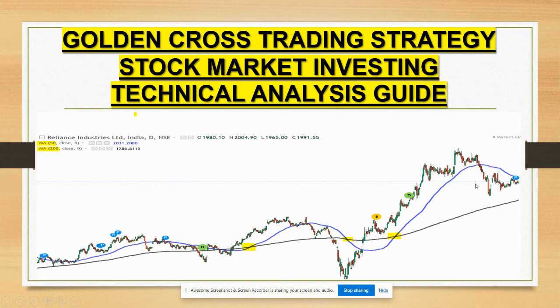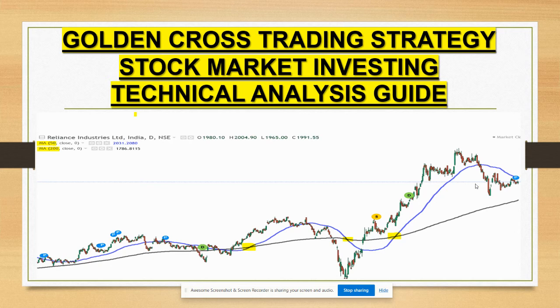So these are the two examples which I added extra just to understand the concept of golden cross and death cross. Henceforth, you can look into different charts of different companies and look at the performance of golden cross and death cross, and then decide on the direction of the stock or the chart going forward in future for any kind of stock.